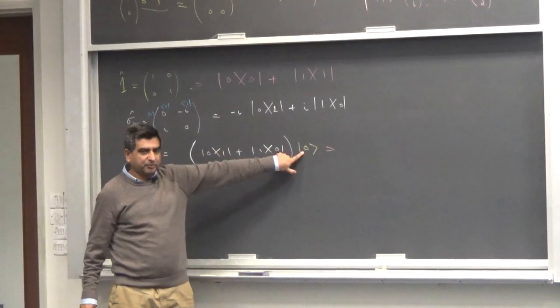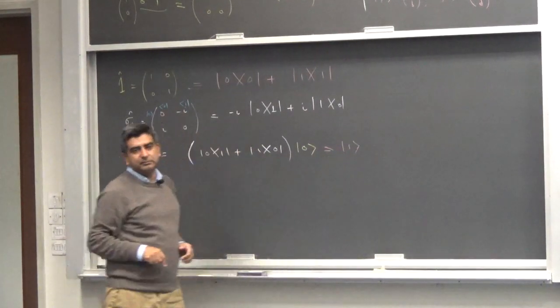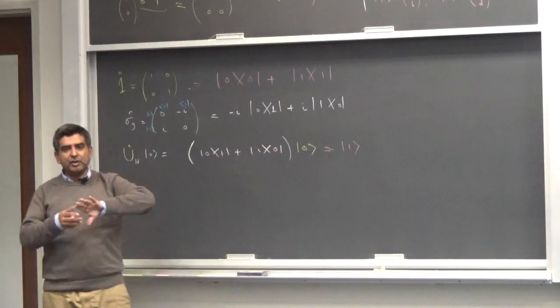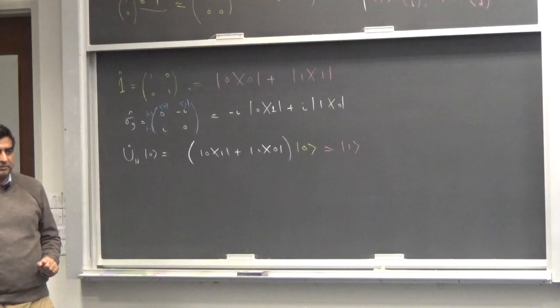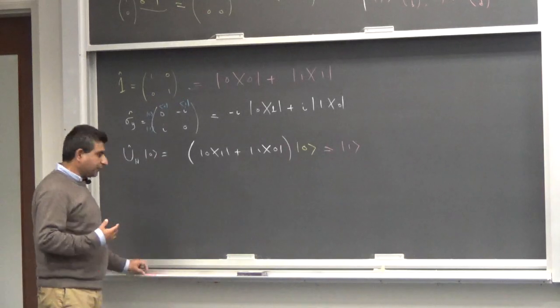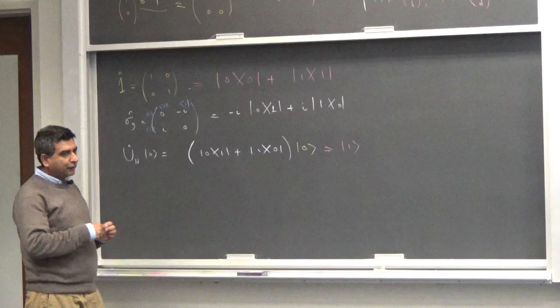This term gives an inner product of 1 and I'm left with ket 1. So sometimes this outer product formulation of unitary operators is very convenient. Likewise, I can write the Hadamard gate, all kinds of unitary operators in this fashion, in the outer product form.